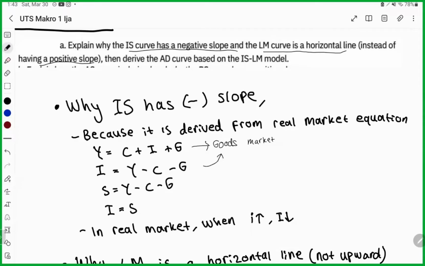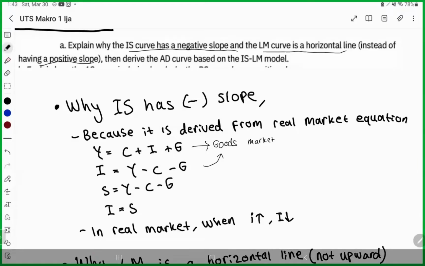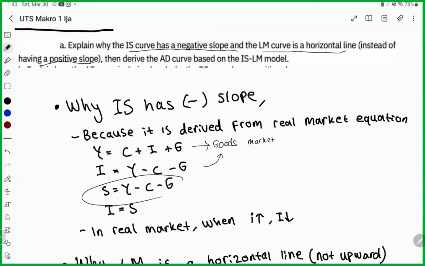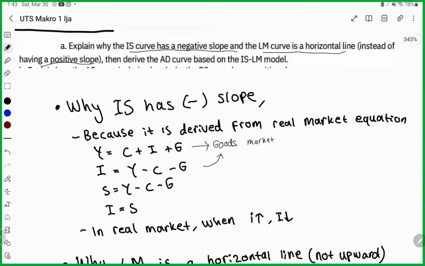And then, as we know, in the loanable fund market, saving is equal to Y minus C minus G. As you can see here, the equations are basically the same, Y minus C minus G. Because of that, we can make them equal. So I equals S, aka investment equals savings.